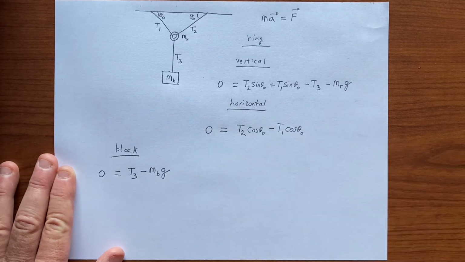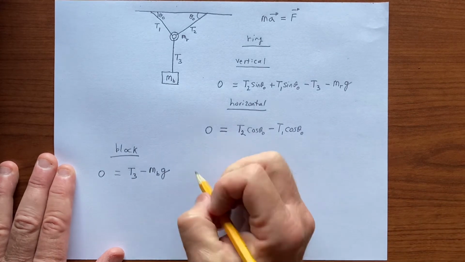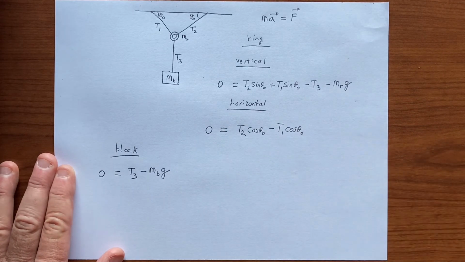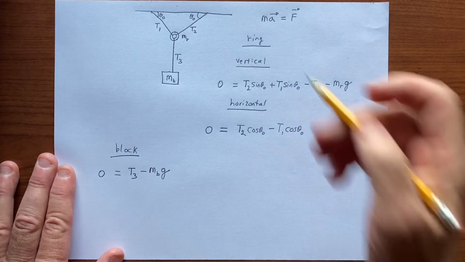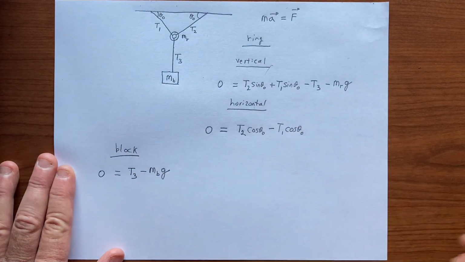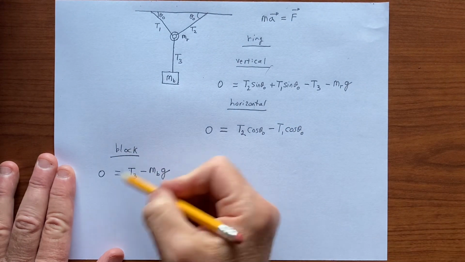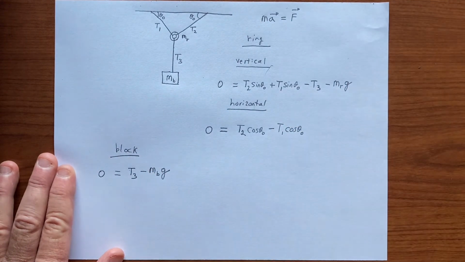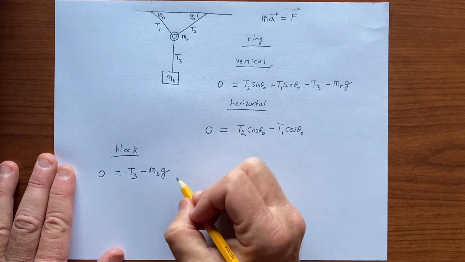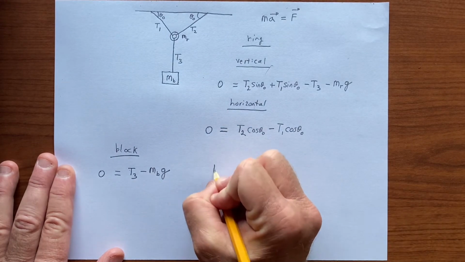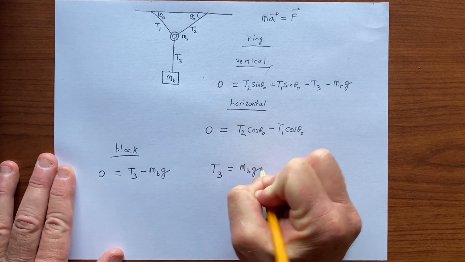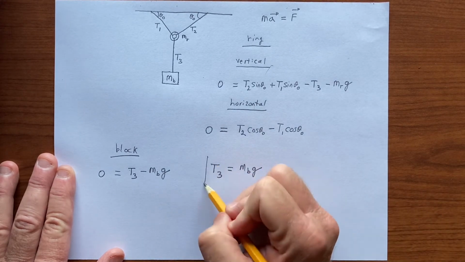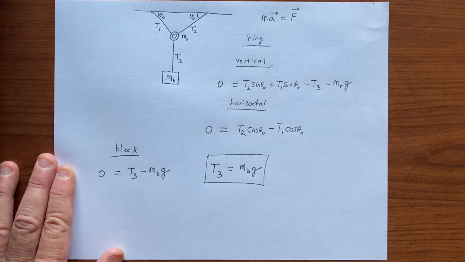Those are our equations. We've applied ma equals F to both objects. One has two components, the other has one, and the other components just say 0 equals 0. Everything follows from this. At this point it's just algebra. T3 follows directly: if we know the mass and the gravitational acceleration, we get the tension T3.